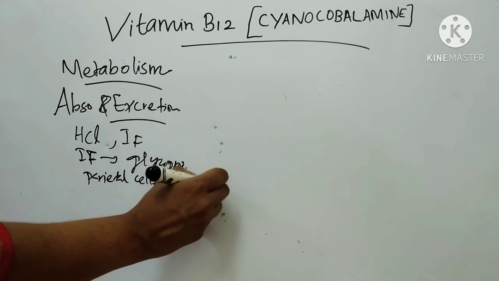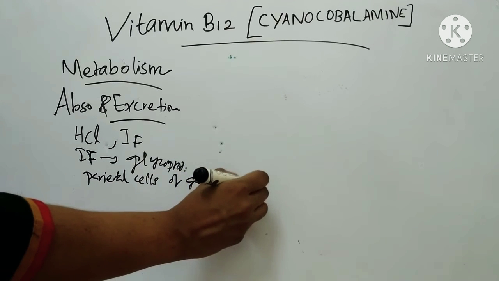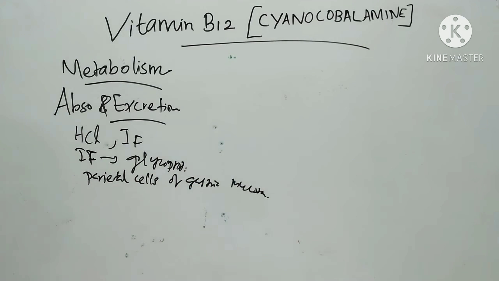It is non-dialyzable and thermolabile, and can be destroyed by heating at 70 to 80 degrees for half an hour. Then it can be inactivated by prolonged digestion with pepsin or trypsin. It is found in the cardiac end and fundus of the stomach. That is intrinsic factor. Next we will see mechanism of absorption.